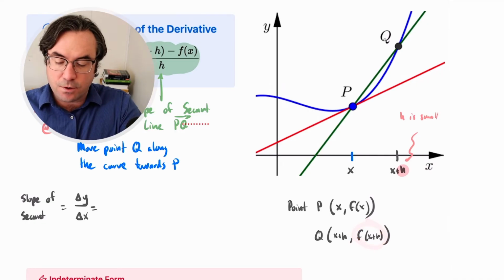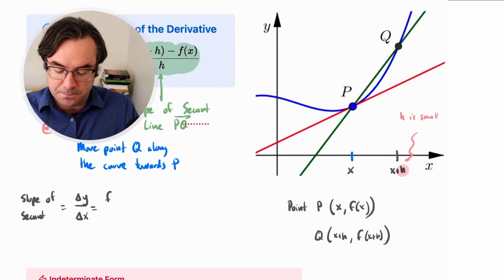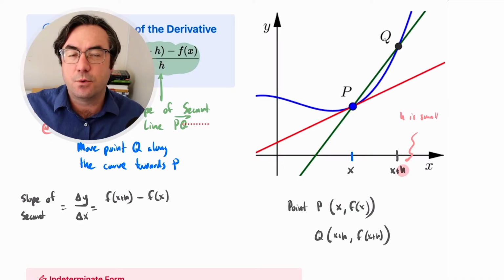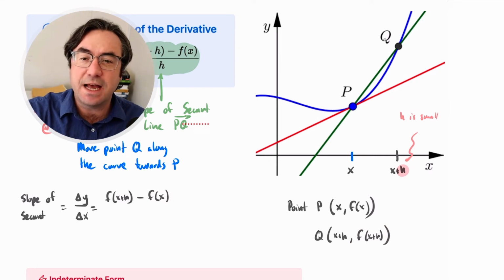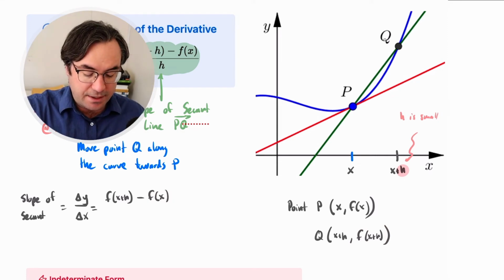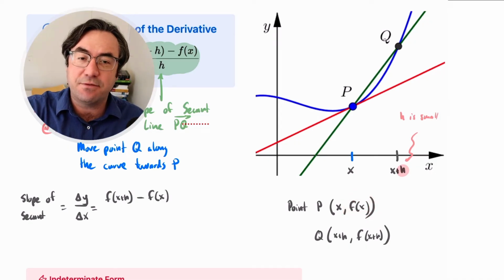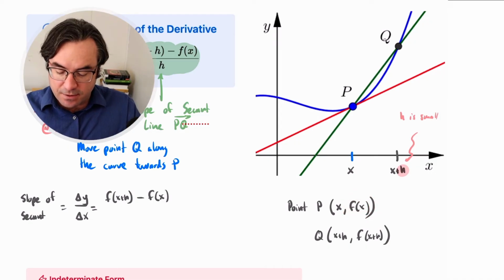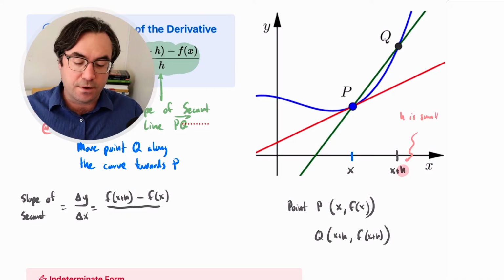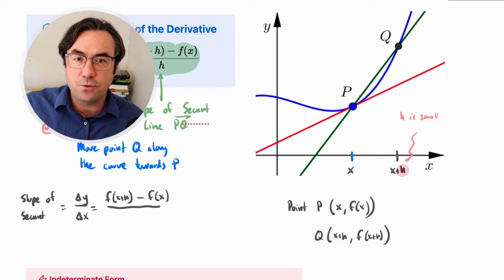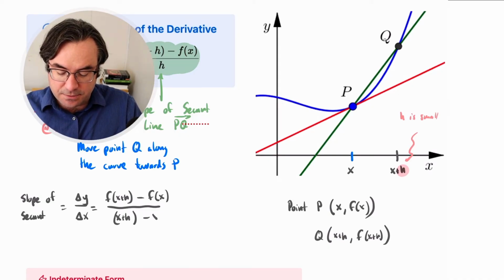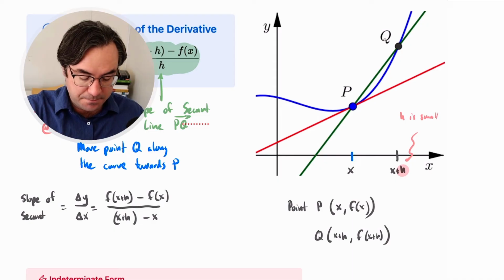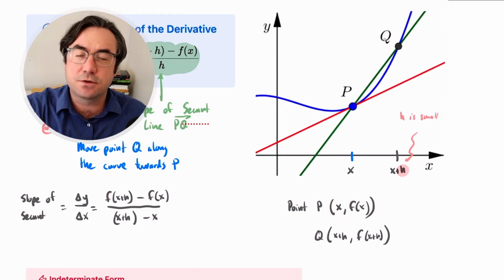Let's start with the y coordinate from point Q, which is f of x plus h, and subtract off the y coordinate from point P, which is f of x. Then we do the same thing in the denominator, but this time for the x coordinates. So we take the x coordinate from Q first, so we get x plus h, and then we subtract off the x coordinate from point P. Again, this is just regular slope formula stuff.